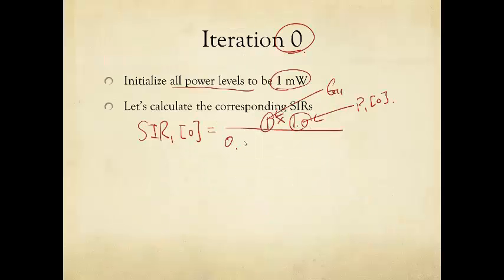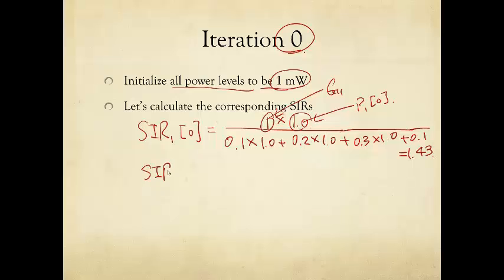So we multiply 0.1 by the transmit power for the second user, which is 1.0, and 0.2 times, again, 1.0, because everybody's power is initialized to be 1 milliwatt, and then 0.3 times 1.0. Plus, don't forget a little noise term, 0.1. And this turns out to be 1.43.